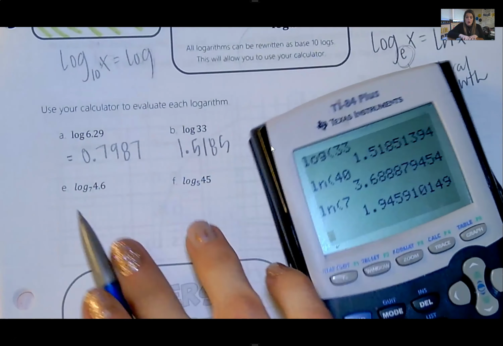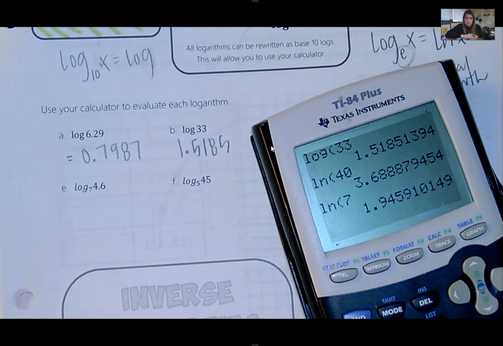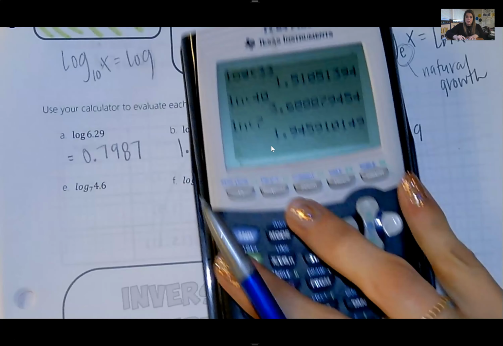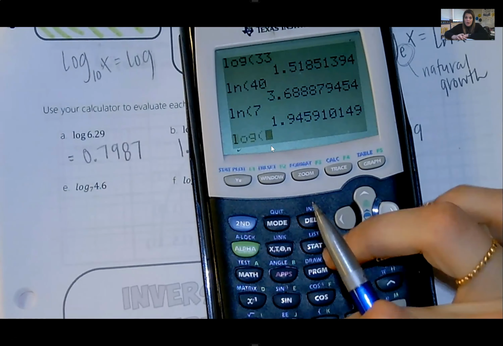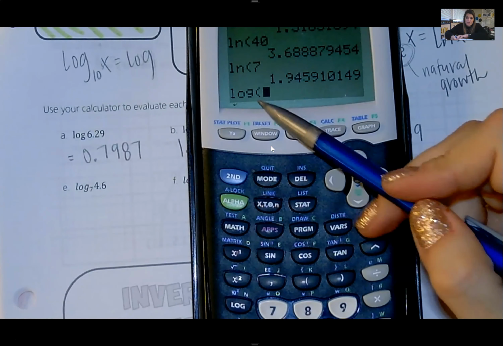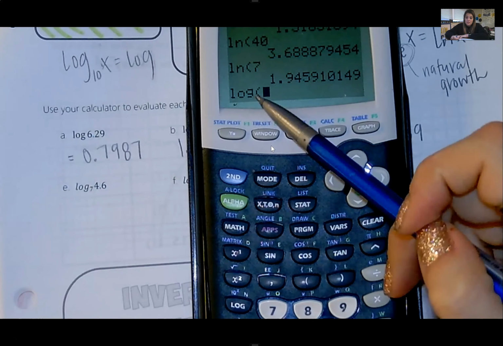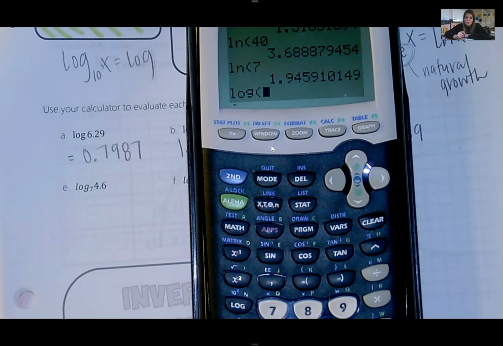Next problem, log base 7 of 4.6. Well, how do I get that 7 into the calculator? Log has a base 10, and it doesn't allow me to enter the base number because it is assuming the base number is 10.